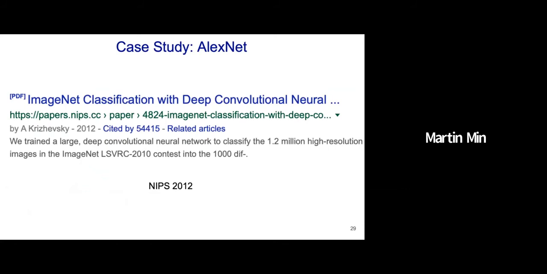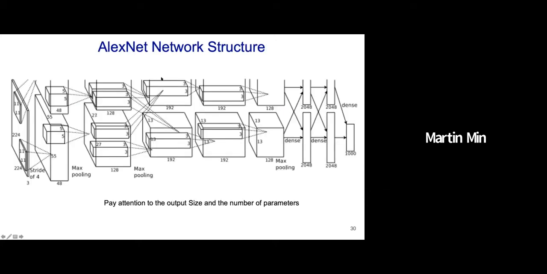So let's see a real case study with AlexNet, and how they did the ImageNet classification. This is the actual AlexNet structure. The input image is 224 by 224, and the channel is RGB, 3. So the actual input is a cube of 224 times 224 times 3.